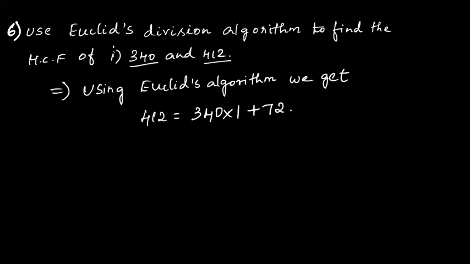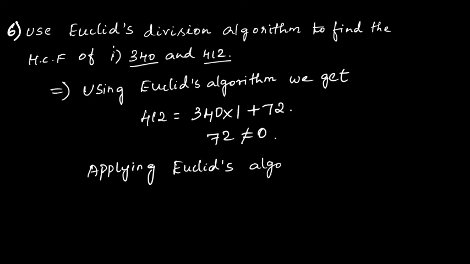Here the remainder is not equal to 0, so you need to apply the Euclid's algorithm again. Applying Euclid's division algorithm, we get, so write 340 in terms of 72.